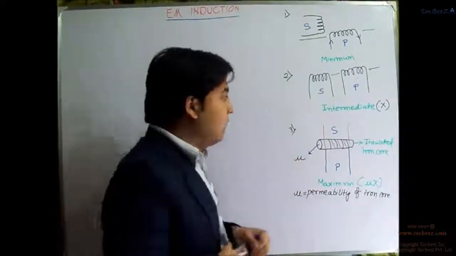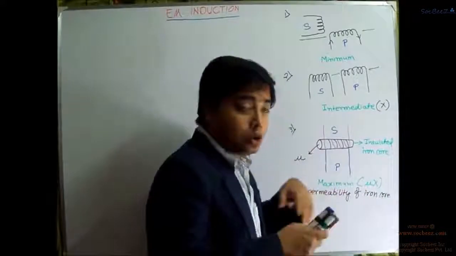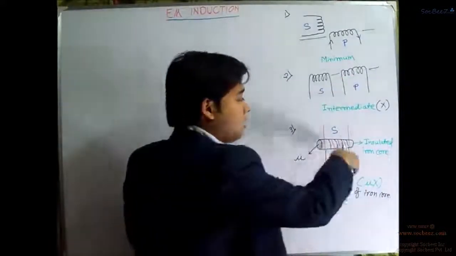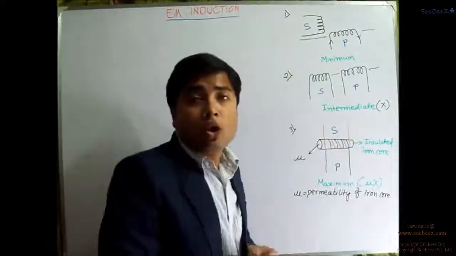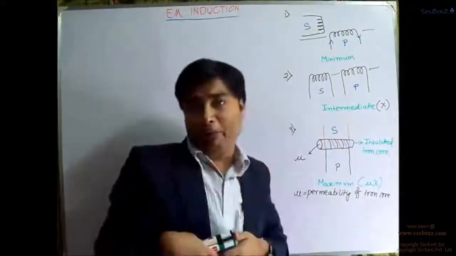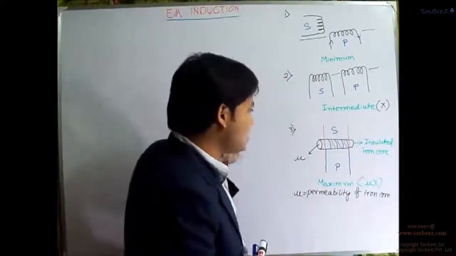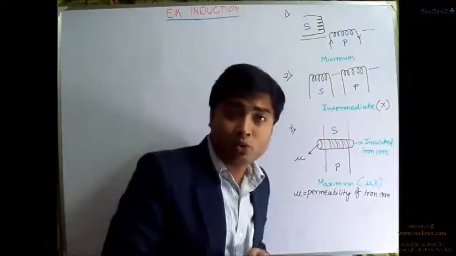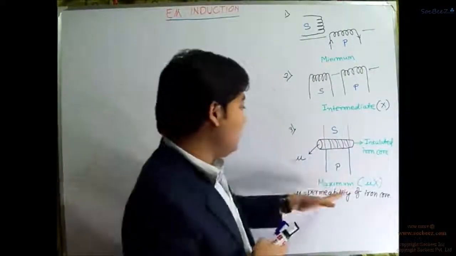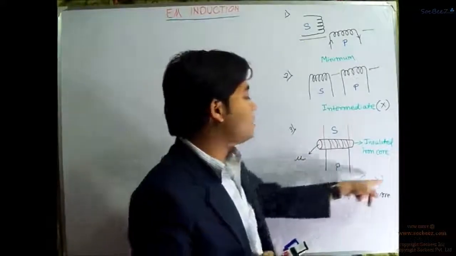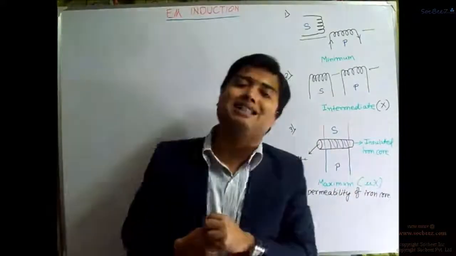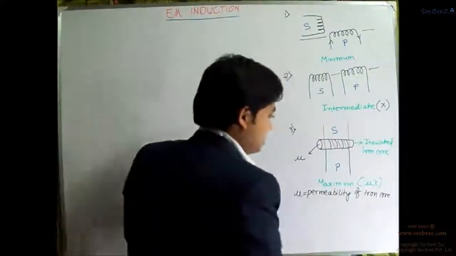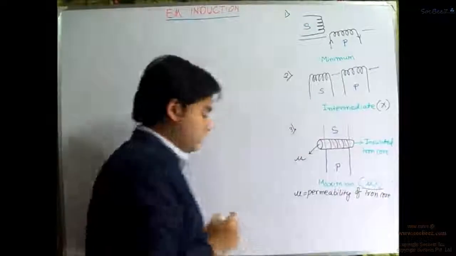The maximum will be mu times, as it can be increased. If these two coils are wound around an insulated iron core, where the eddy current effect can be minimized, and this insulated iron core has a permeability of mu, then this value of mutual induction would be the maximum, equal to mu multiplied by X.